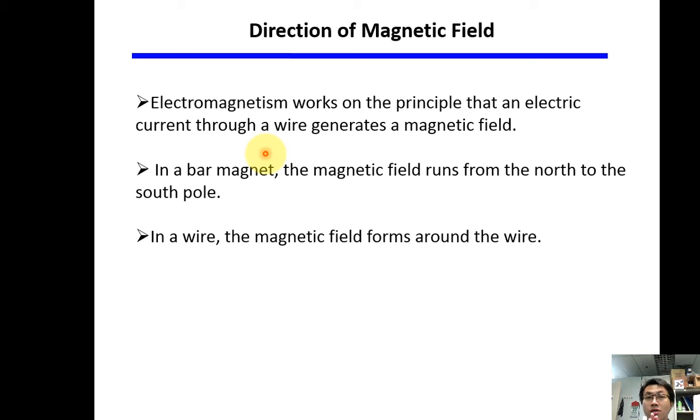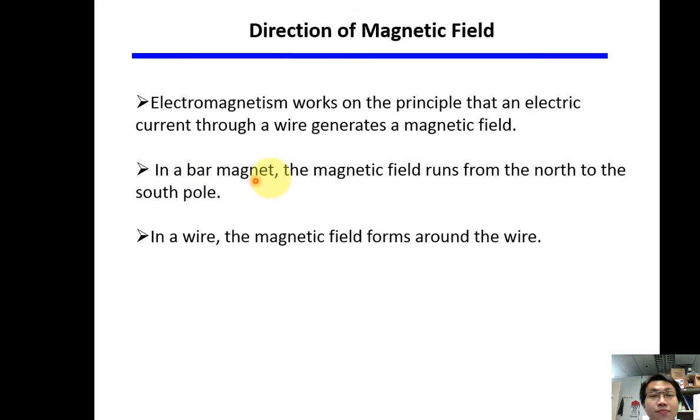We change the electrical side to the magnetic side, or the magnetic side to the electrical side. That's why electromagnetism works on the principle that an electric current flowing through the wire can generate a magnetic field.